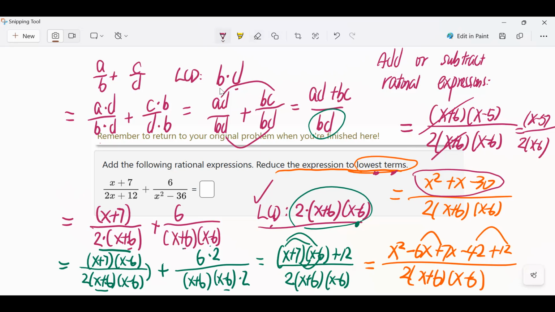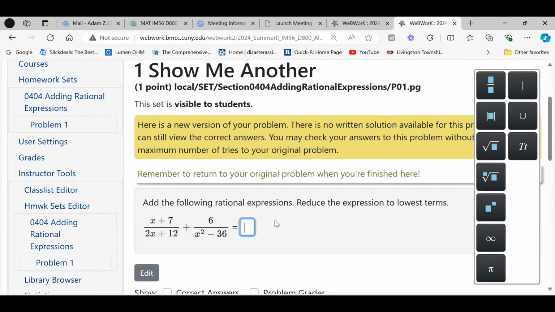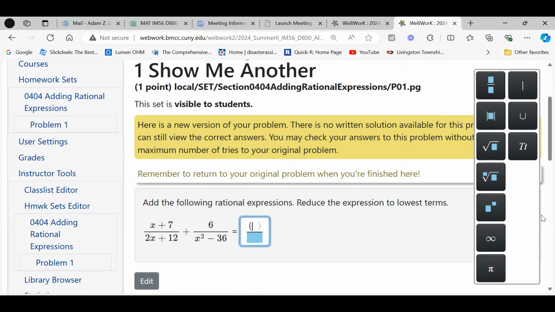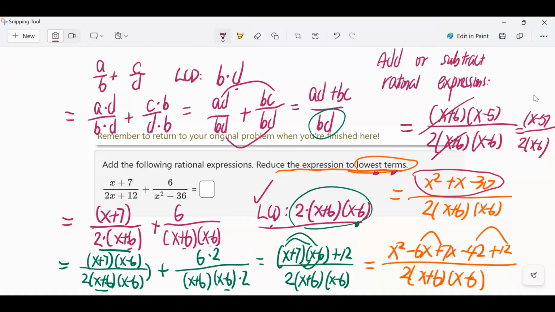So adding, subtracting is slightly more complicated compared to multiplying, dividing, so we just gotta be very careful about this. So x minus 5 on the top, 2 times x minus 6. Yep, so this is it.